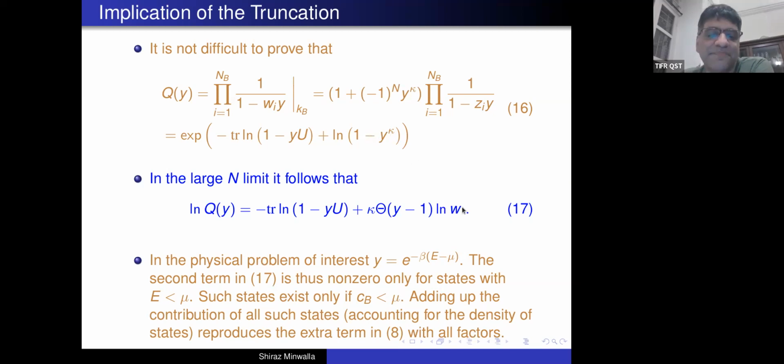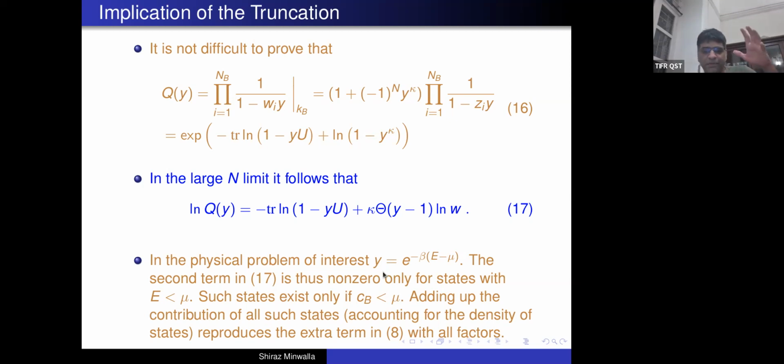That W should have been y, sorry. But if y is less than 1, then y to the power kappa is just 0, because kappa is very large in the large n limit. And so this quantity is just 0. So this quantity that you get in the exponent is what you usually get, plus an extra term with the theta function times log of y.